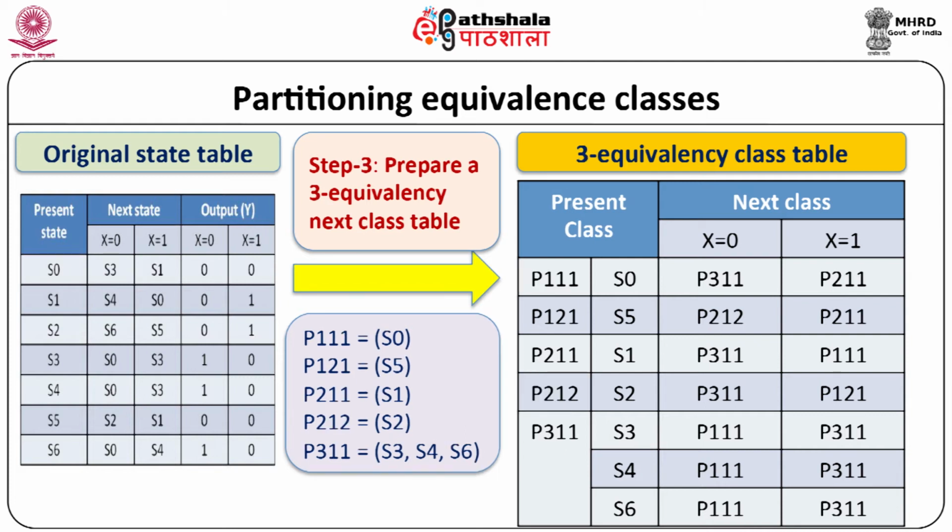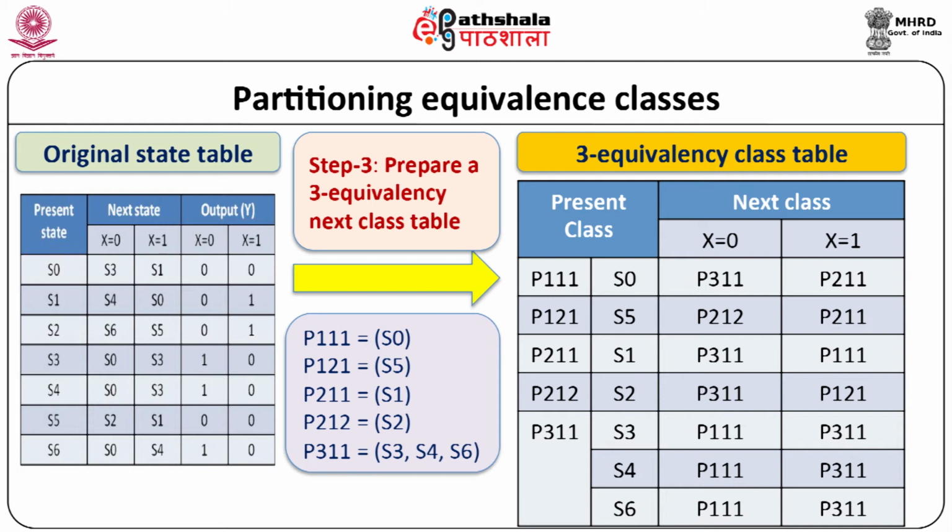Step 3. Prepare 3 equivalency next class table. The next partition will determine 3 equivalency, that is an input sequence of 3. Test each state within the partition classes found in step 2.